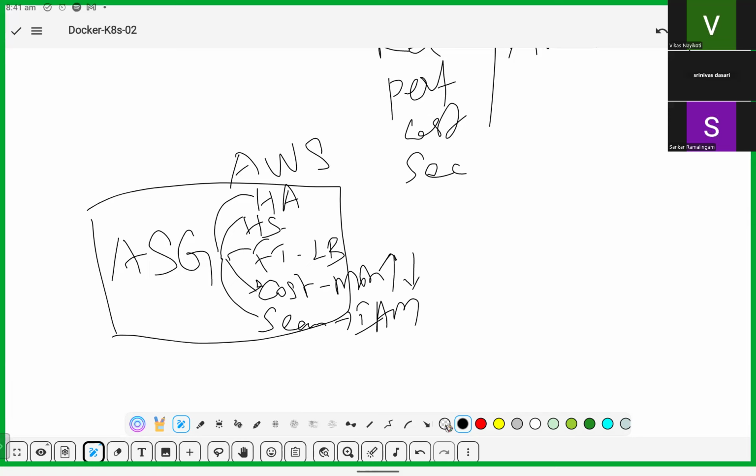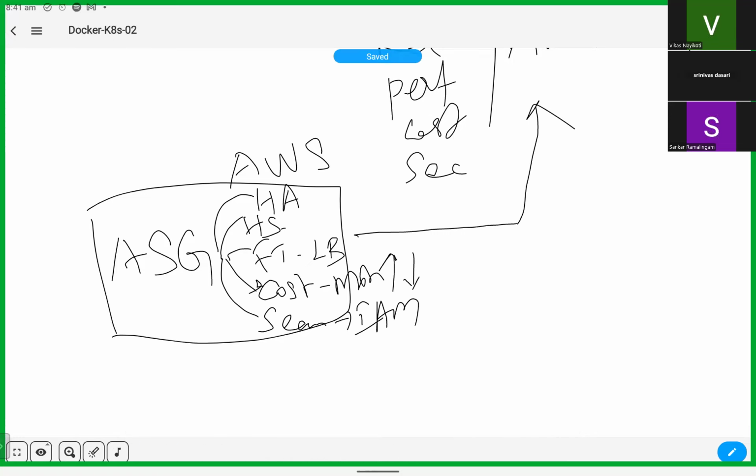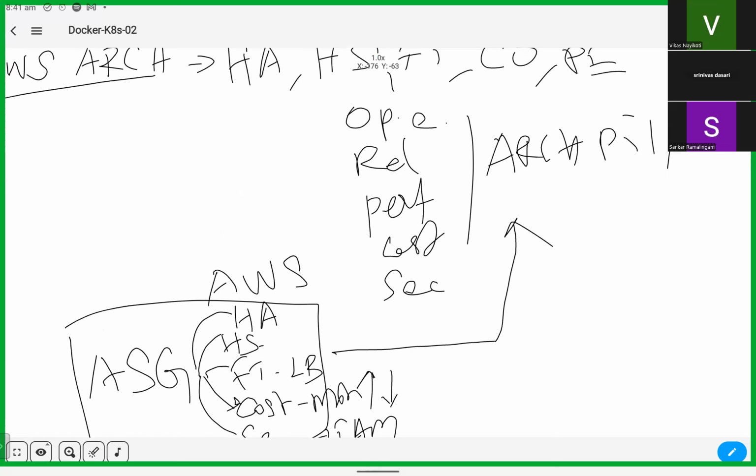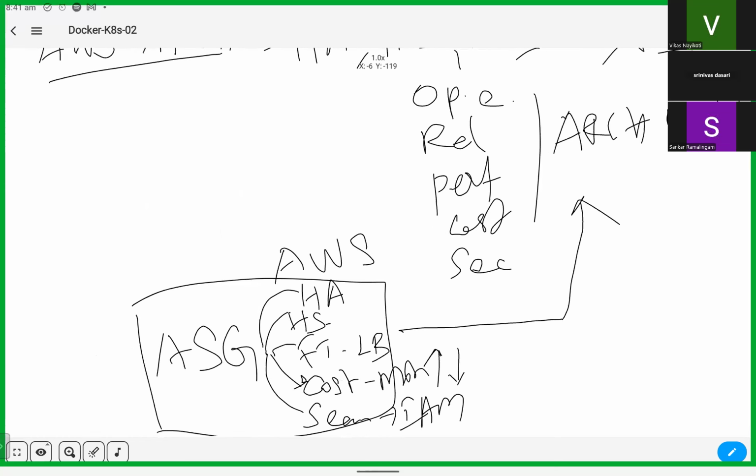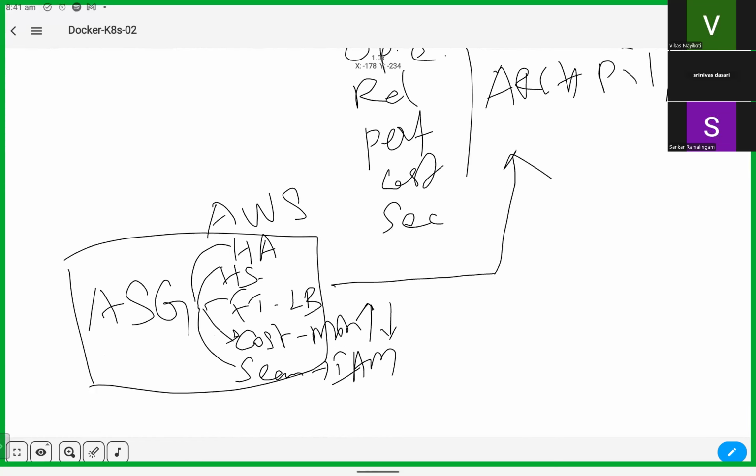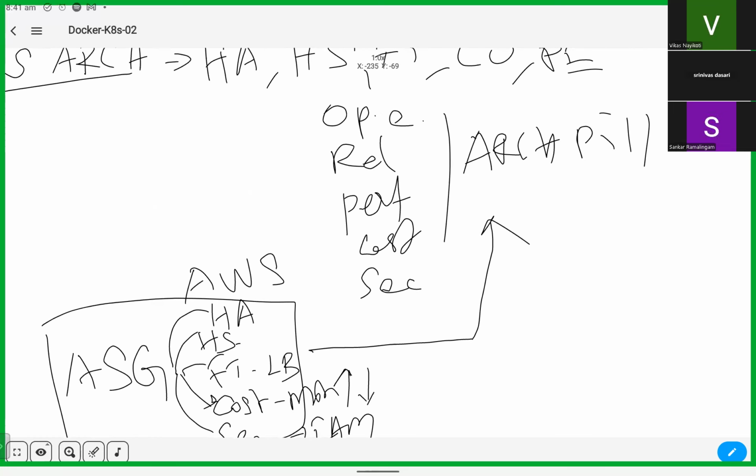So this is about autoscaling groups. Why are autoscaling groups so popular? Because all 5 pillars of the AWS Well-Architected Framework are already covered in autoscaling groups, be it operational excellence, reliability, performance, cost, or security.